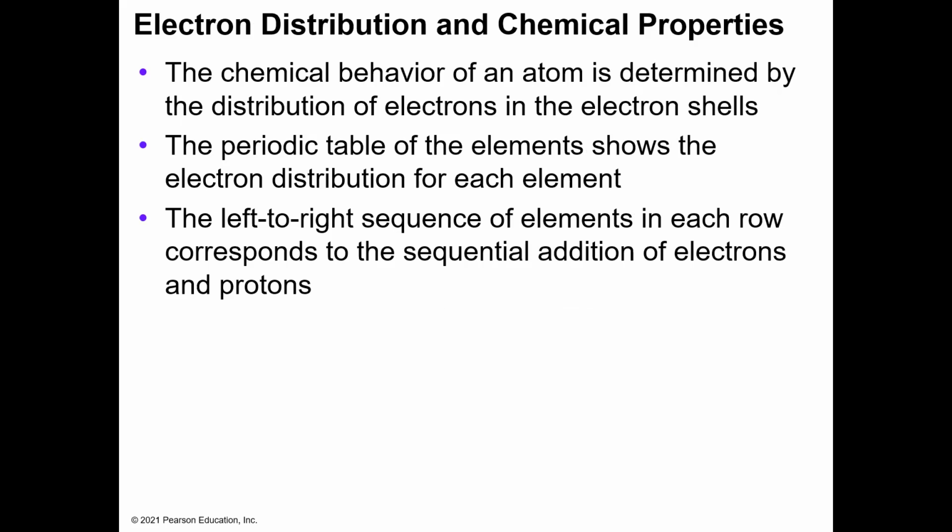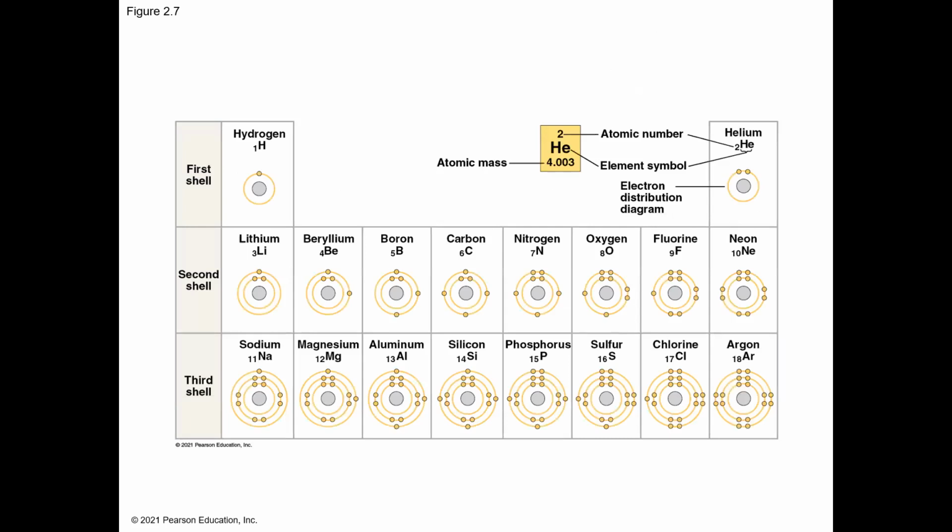So the periodic table here is showing you how the electrons are around the nucleus of each atom. So for example, hydrogen only has one electron, which will surround the first shell.